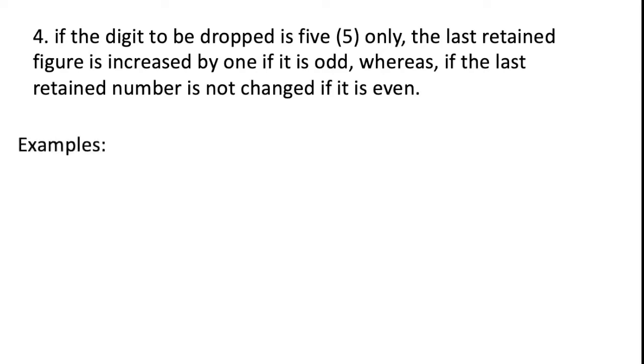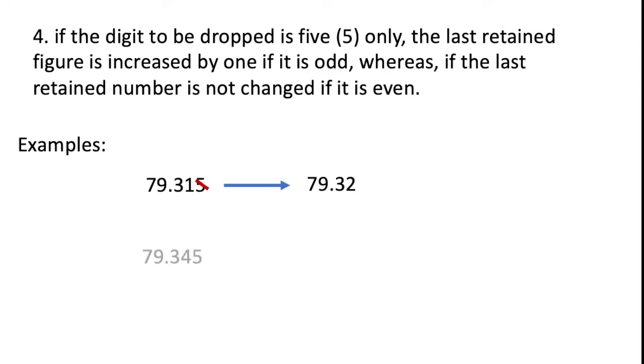And an example of this is 79.315. So I will drop the number 5 only. The retained figure after dropping 5 here is 79.31. So before 5, you have a value of 1, and 1 is an odd number. So therefore, it will be increased by 1.